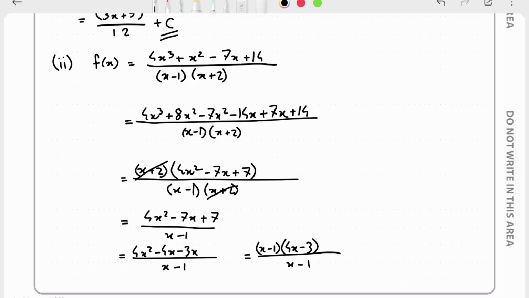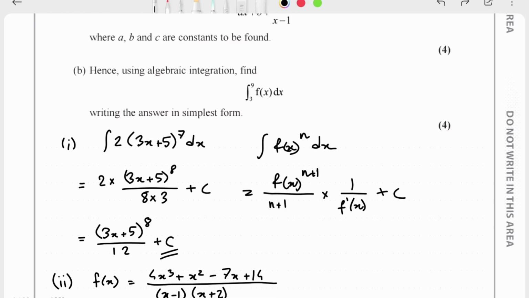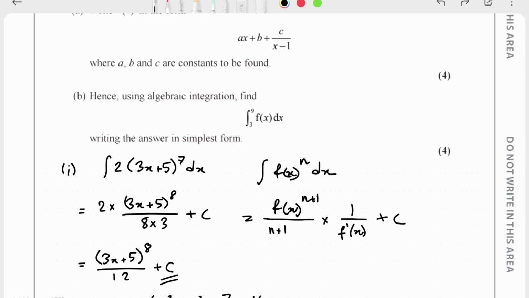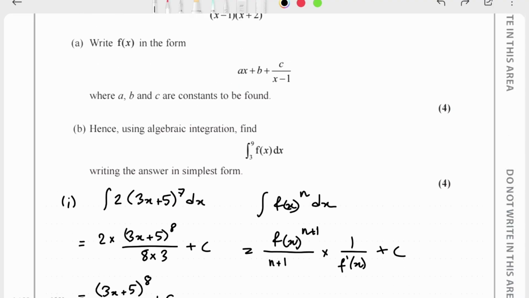So that would give us minus 3x plus 3. That leaves us with plus 4, and we can't do anything else. So we're just going to write it down, plus 4. And this can be simplified to 4x minus 3 plus 4 divided by x minus 1. So this is consistent with what they asked for. So that's number A of second portion.